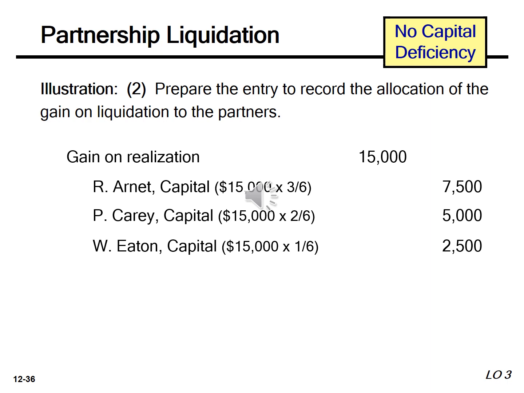So we're going to see the gain on realization of 15,000. Ornett is going to take half of that, which is 7,500. Carey is going to take 2 on 6, or 2 divided by 6 out of this amount. If we crunch these numbers in a calculator, we will see that Carey is going to take a third of the amount, so 5,000. And Eaton is going to be left with a sixth of the amount, which is 2,500.